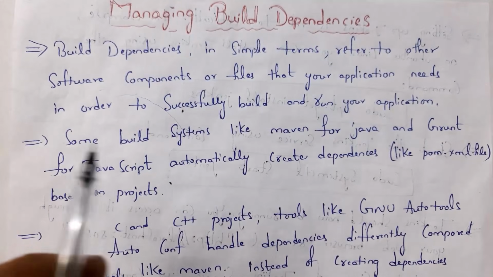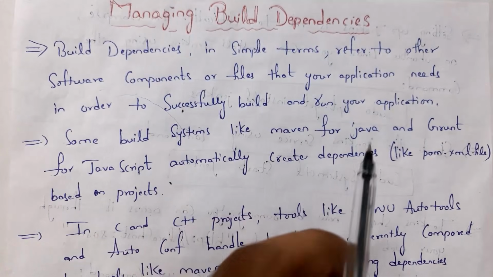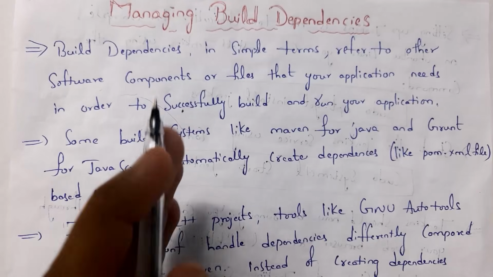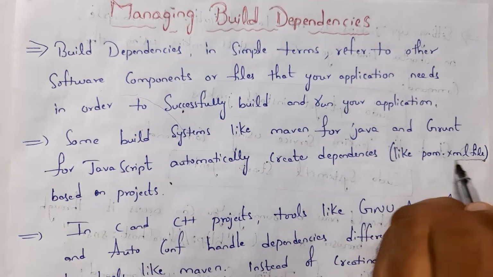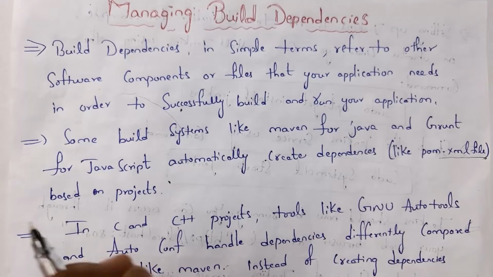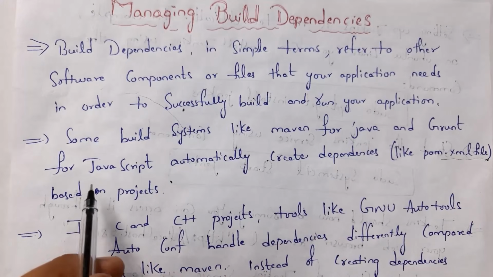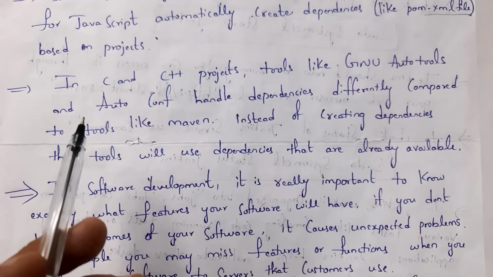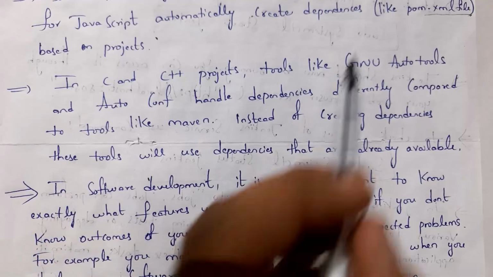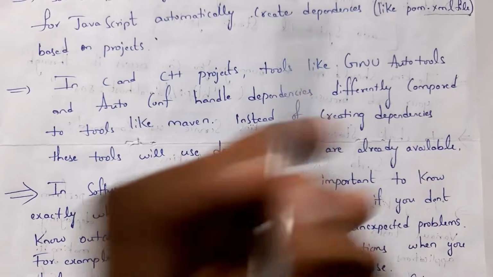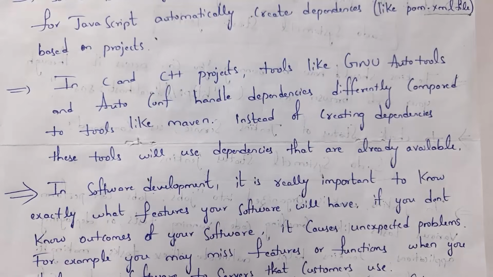Some build systems like Maven for Java and Grunt for JavaScript automatically create dependencies like the POM XML file based on your projects. Guys, both of these tools can automatically create dependencies based on your project. And for C and C++ projects, there are some tools like GNU Autotools and Autoconf tools.